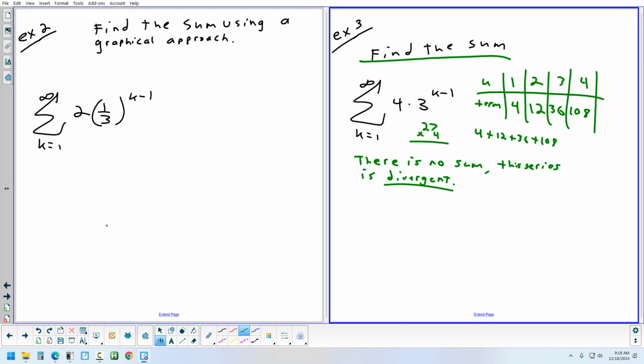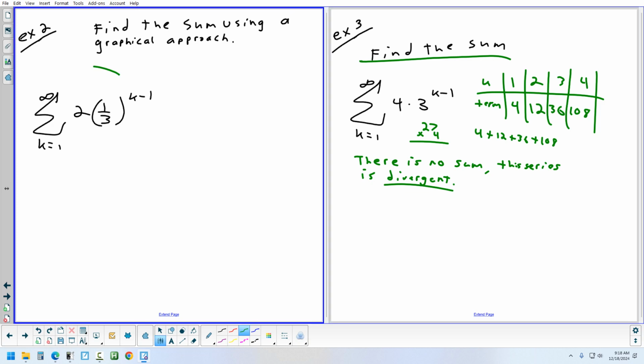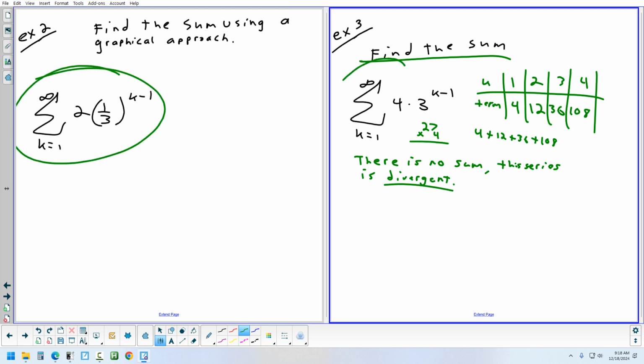So if we go back, this one, this is the one we did earlier, was convergent. This one was divergent. What's the difference? There's something you can look at right away. One has a fraction. Where? In the parentheses. Right.